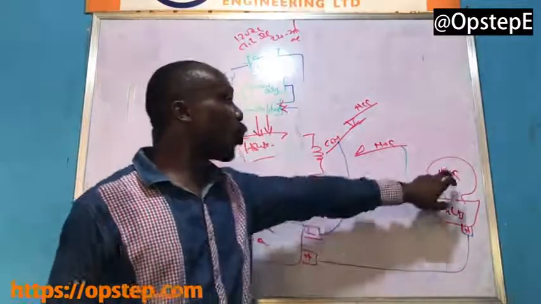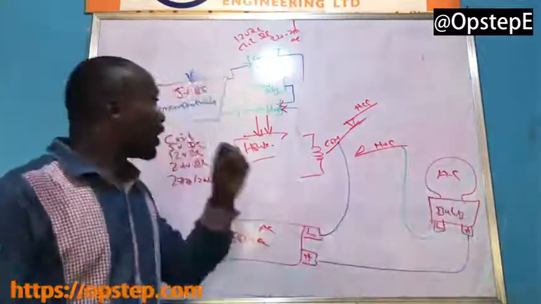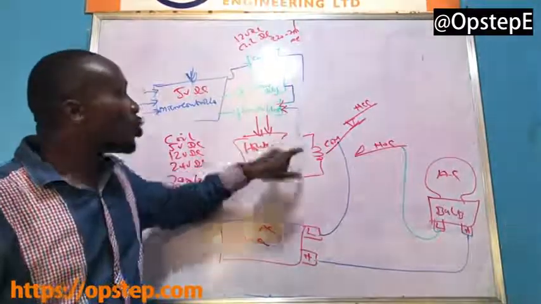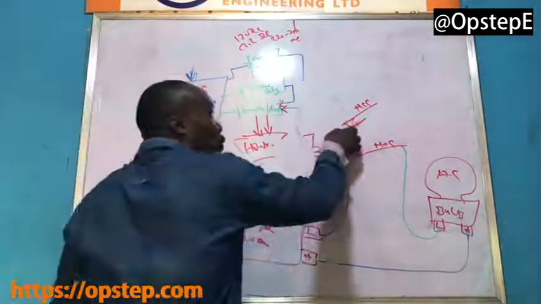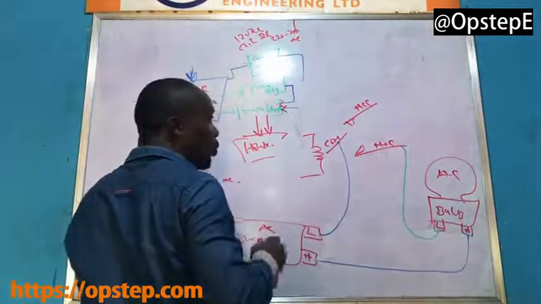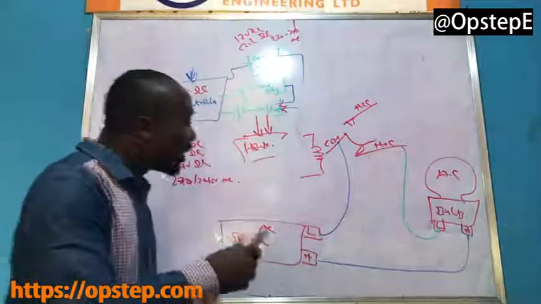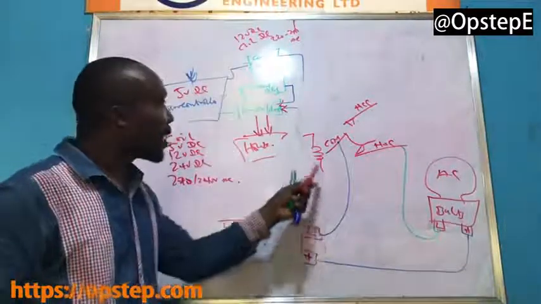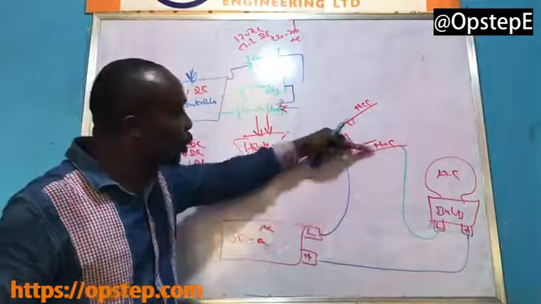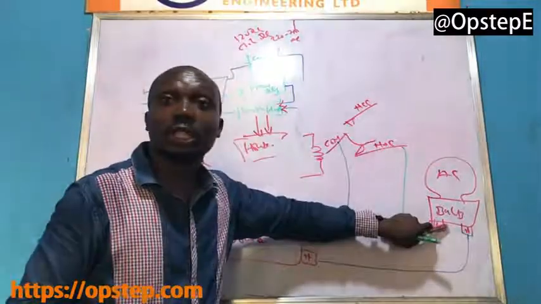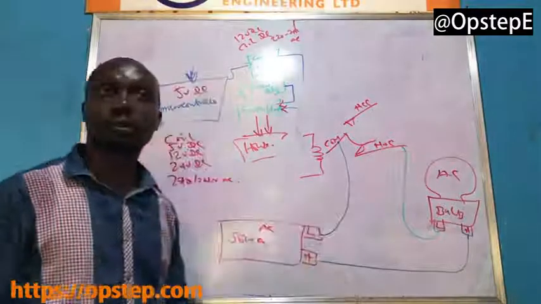If I need this bulb to come on, I just simply need to energize the coil of this relay so that the common can switch from this place and connect to the normally open contact, so that the live you already have from the source can flow from the common through the normally open contact into the bulb, and then the bulb comes on.